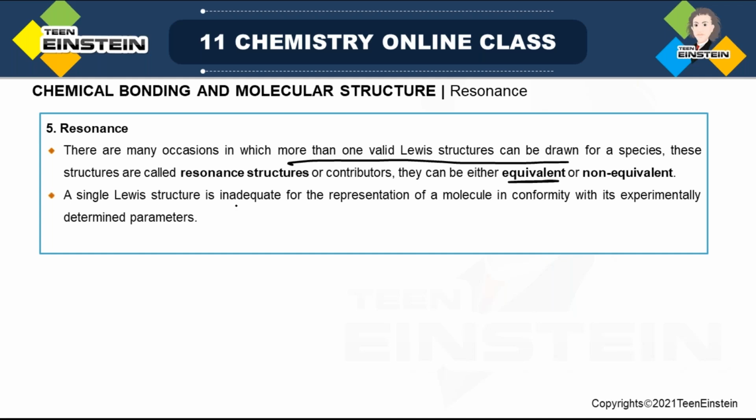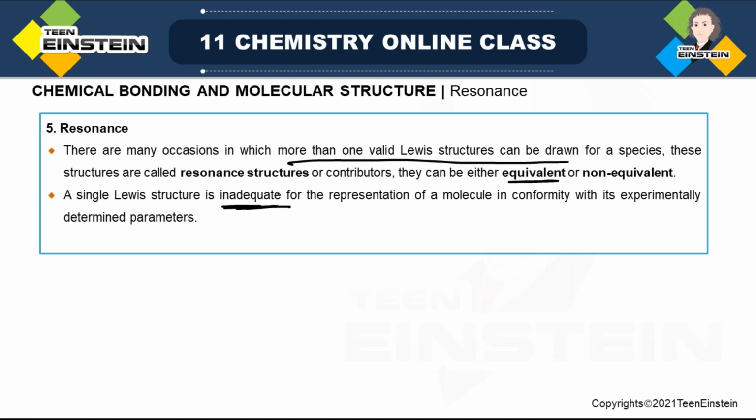A single Lewis structure is not enough for the representation of a molecule. Now, when we are saying this, what are we actually trying to say? Suppose for a particular molecule, you have some experimental result, that is an experimentally determined parameter. Suppose you have measured the bond angle for a particular molecule. But when you consider a single Lewis structure, it does not match the experimental result.